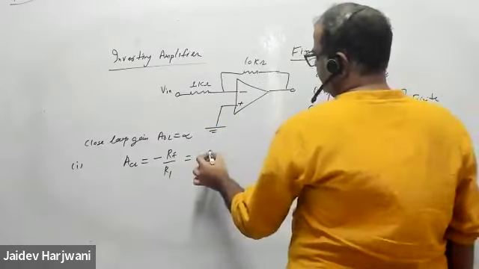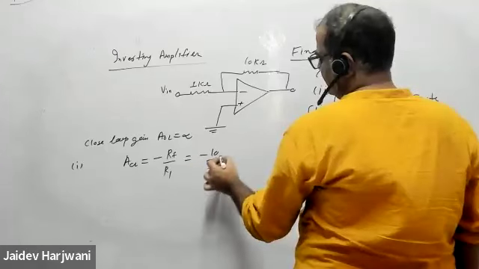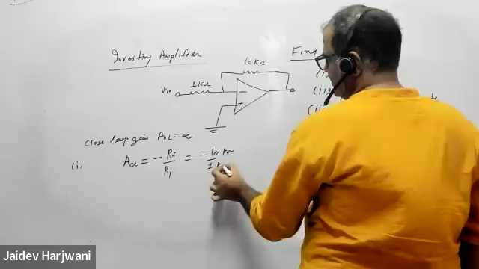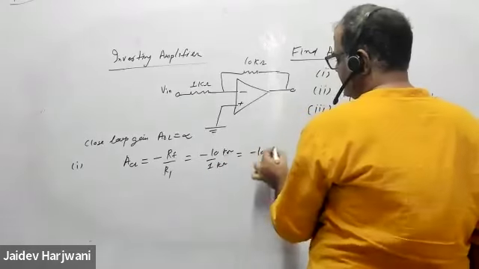So this will become minus 10 kilo ohm by 1 kilo ohm. The kilo ohm will cancel, so it is minus 10.